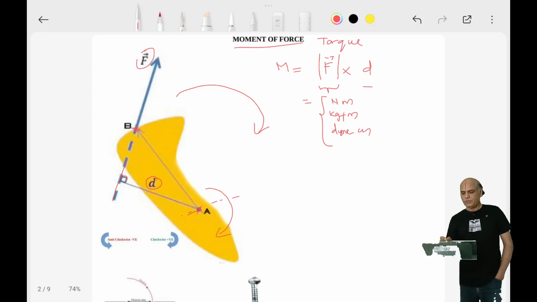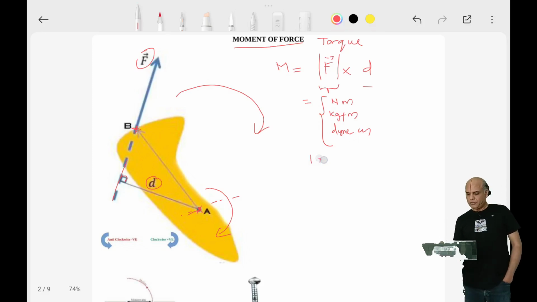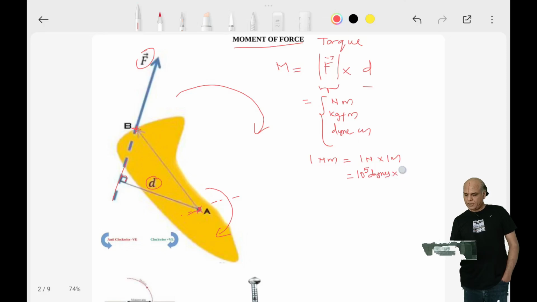Okay, so likewise 1 Newton meter is equal to, 1 Newton into 1 meter, that means 1 into 10 to the power 5 dynes. We know that 1 Newton is 10 to the power 5 dynes, and this is 100 centimeters.